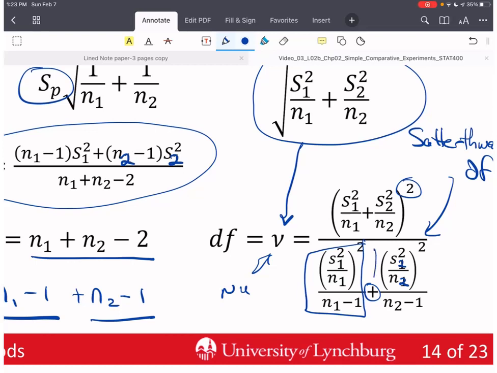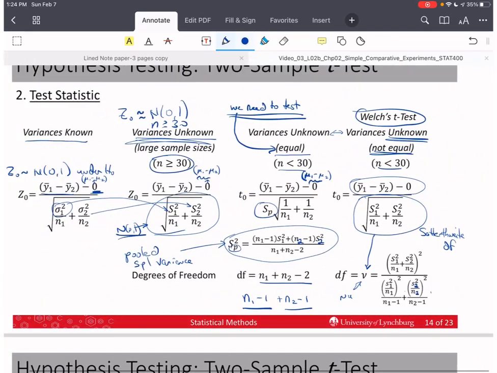And in this term, we have S2 squared over N2, quantity squared, over N2 minus 1. So this is quite involved at times, just tedious to get correct. So let's make sure that this is a 2, and this is a 2, and then our equation is correct. Okay, so those are our test statistics.